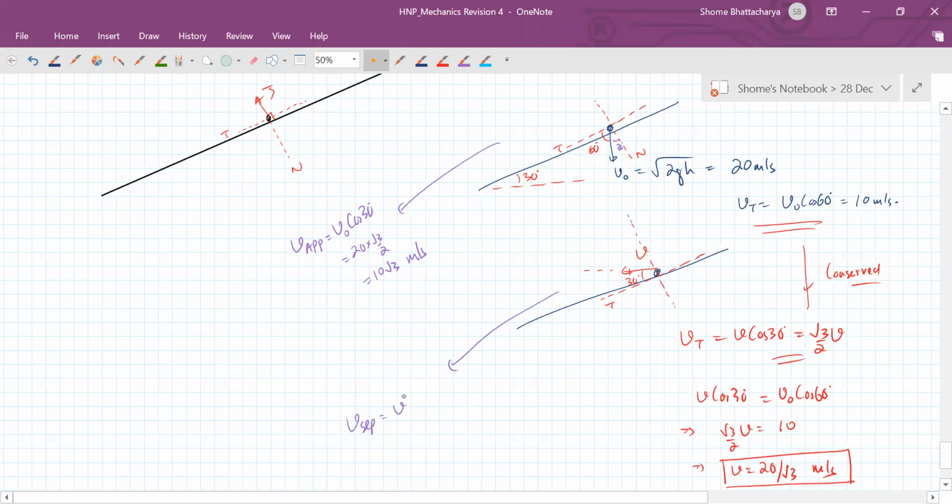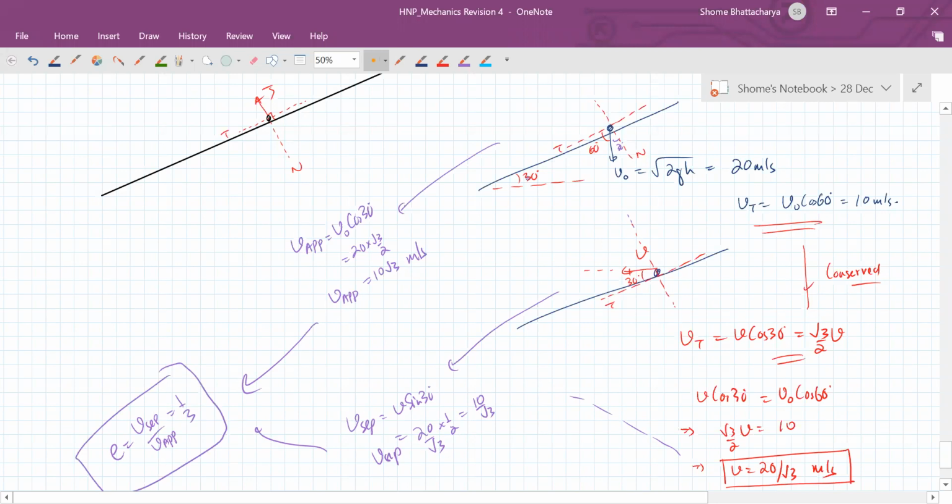So it is V sin 30 or cos 60, whatever. So it is 20 by root 3 times half. So it is 10 by root 3. So once we got this approach and separation velocity, now we will see that our coefficient of restitution, which is this ratio, will become 1 by 3.